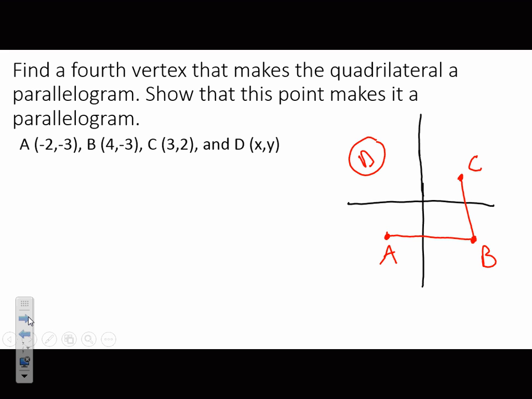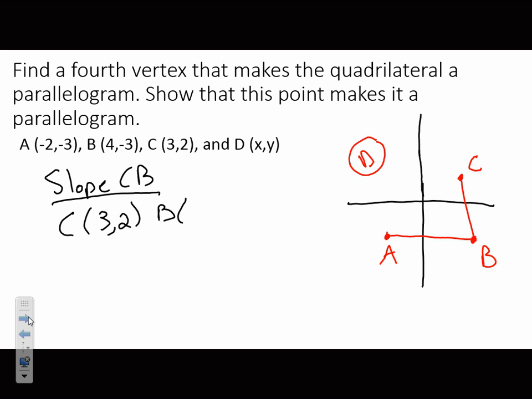What we do know is that opposite sides are parallel. So I'm going to find the slope of CB. So C is 3, 2, and B is 4, -3. So I call this x1, y1, x2, y2. And we're going to plug it into our slope formula.